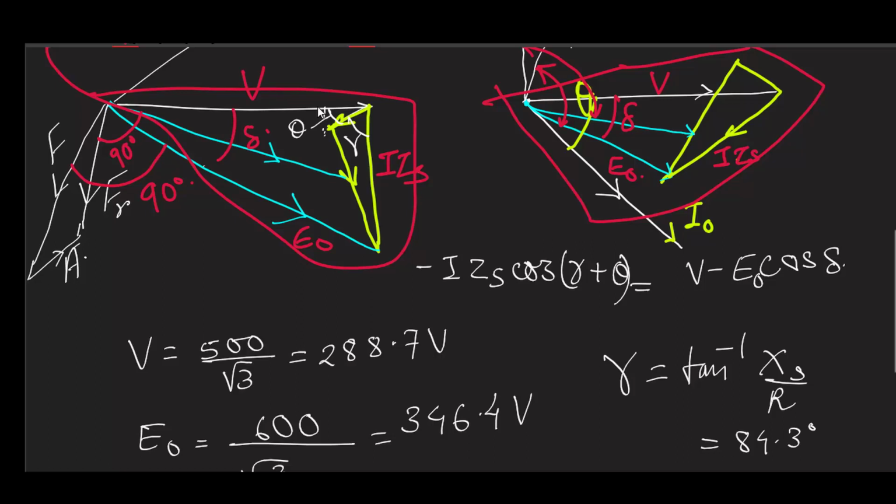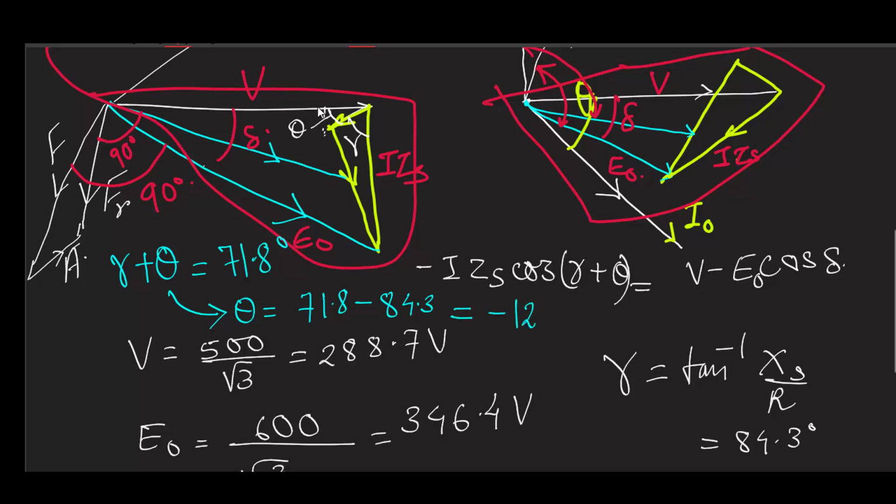So, if we put the values as per the calculation presented here, it will give us gamma plus theta as something like 71.8 degree, which further implies theta is equal to, because gamma is 84.3, minus 12.5 degree.